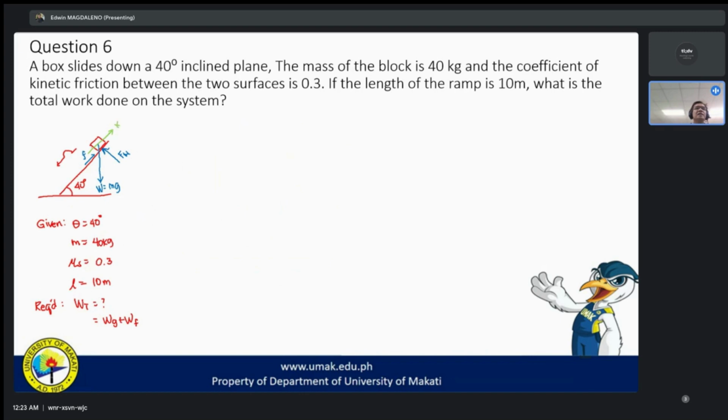So we have here the x-axis, and the y-axis should be perpendicular to the surface. Dito si y-axis. Then we redraw the Cartesian plane, and try to draw the forces on it.